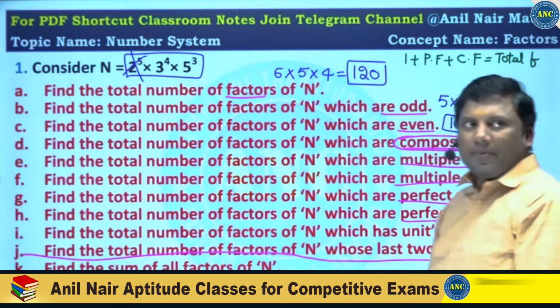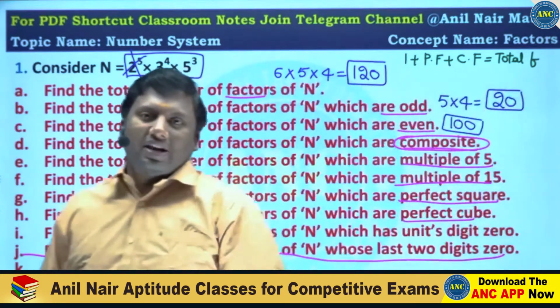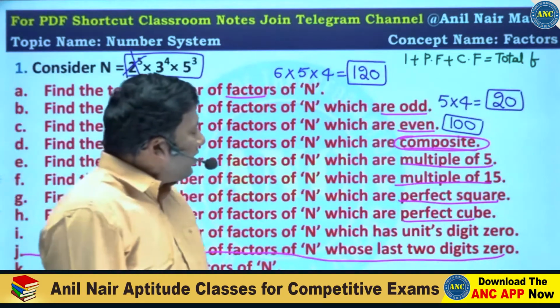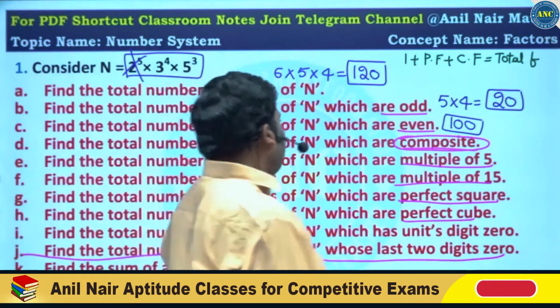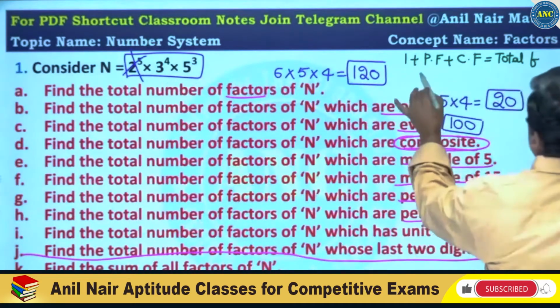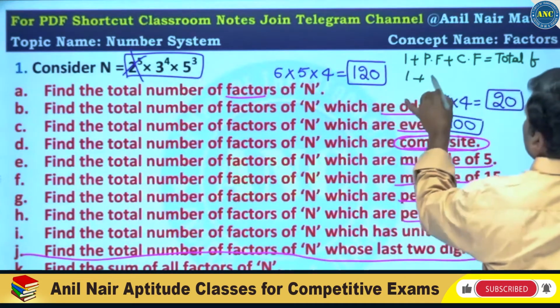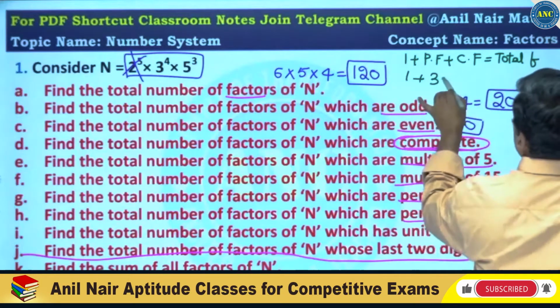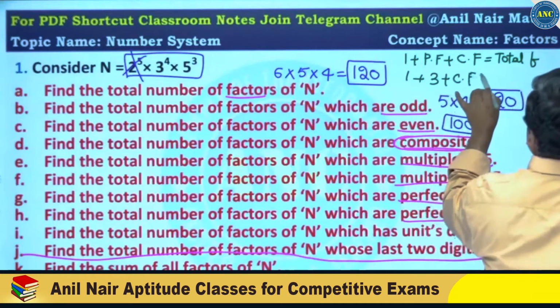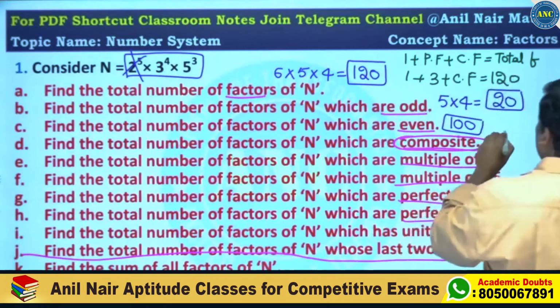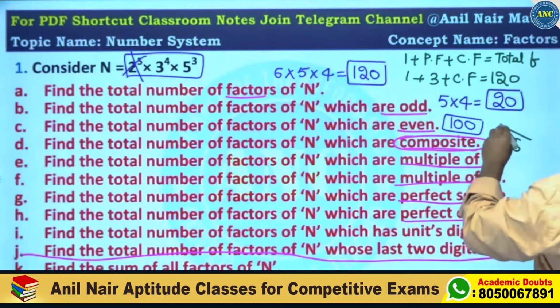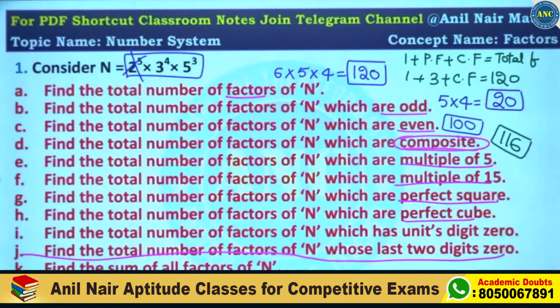PF stands for prime factors, CF stands for composite factors. 1 plus, how many prime bases are there? 2, 3 and 5. Plus composite factors is equivalent to 120. 120 minus 4. Answer for this question is 116.